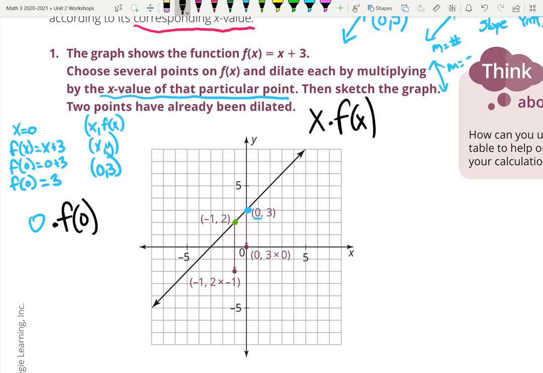Well, what is the output when the input is 0? So this turns into 0 times 3, which is 0. My input was still 0. My output is 0. Hence why it changed.